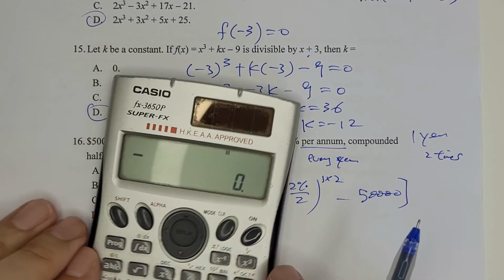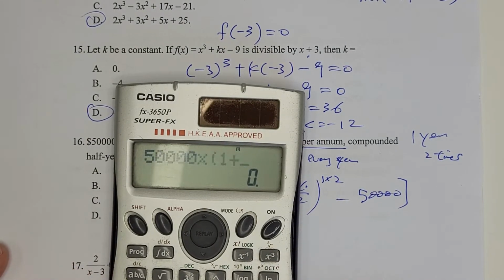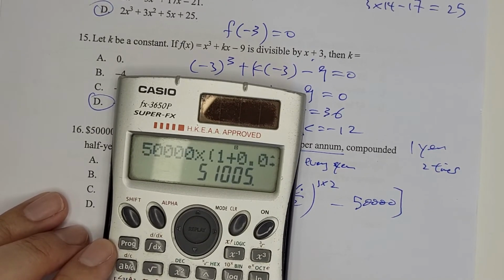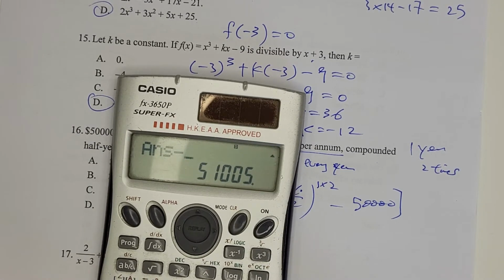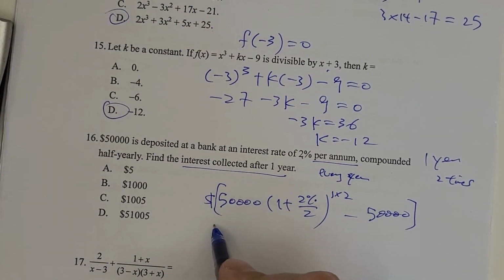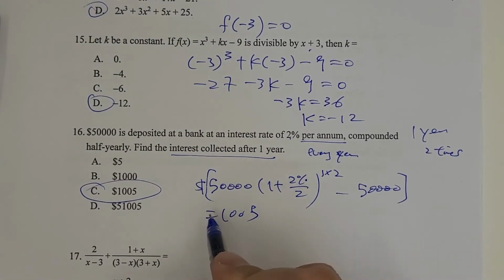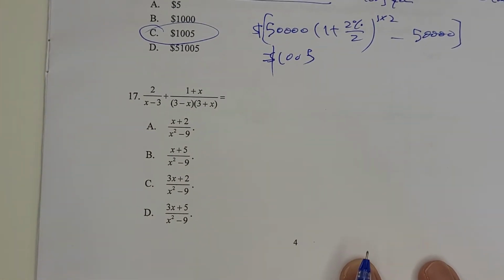So press the calculator. 50,000 times (1 plus 0.02 divided by 2), squared. That's the amount minus the principal. Oh, sorry, minus the principal. This one, $1,005. Answer is C.